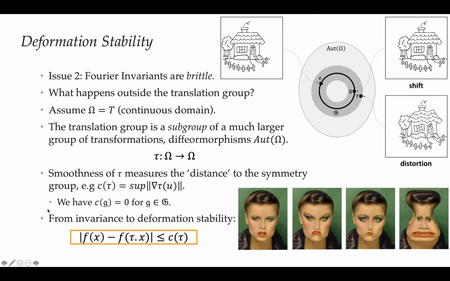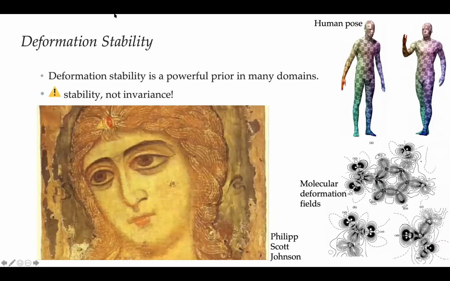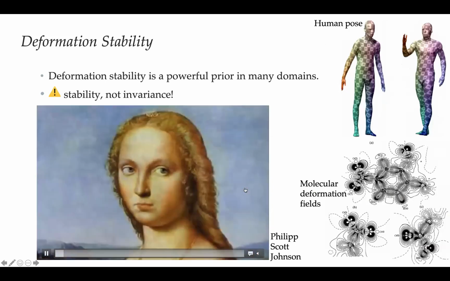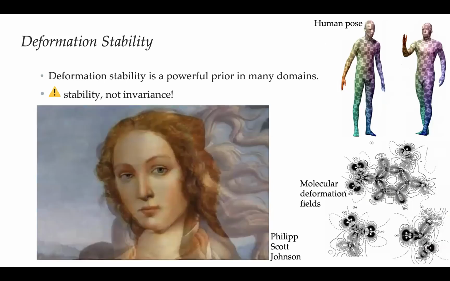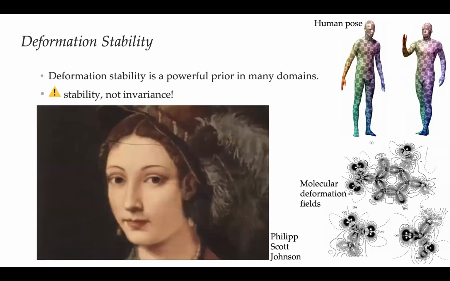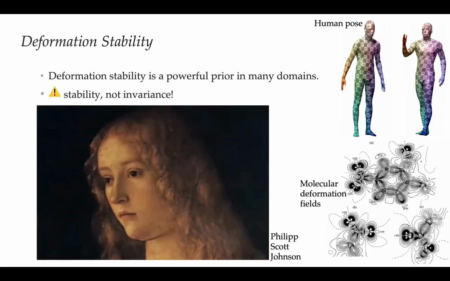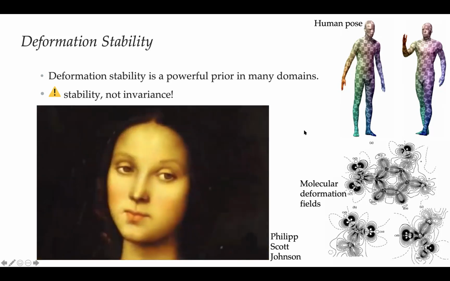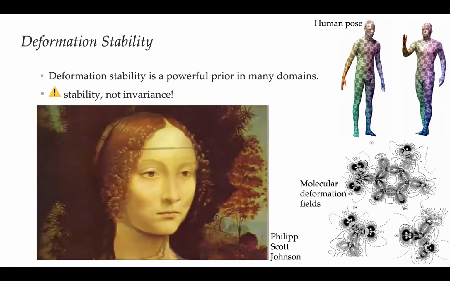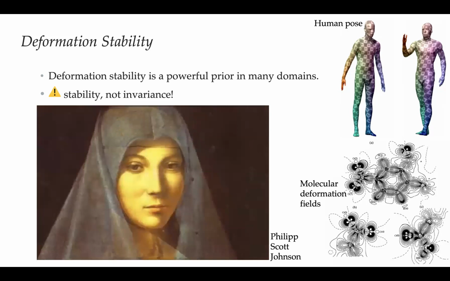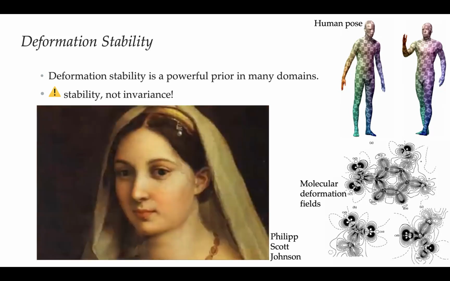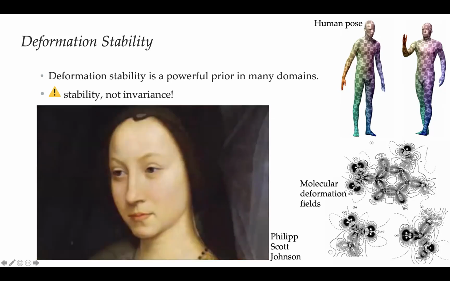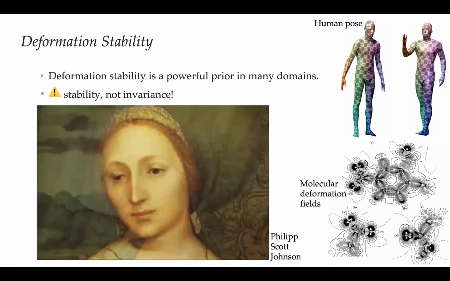And why is deformation stability a useful prior? You can see that in many areas of engineering and science this is a very powerful prior, in the sense that these kinds of transformations appear very naturally in many areas, of course in computer vision, in recognizing objects in a scene, and also in computational chemistry and physics, where molecules can be deformed and preserve most of their chemical properties.